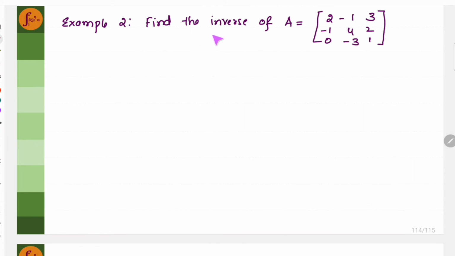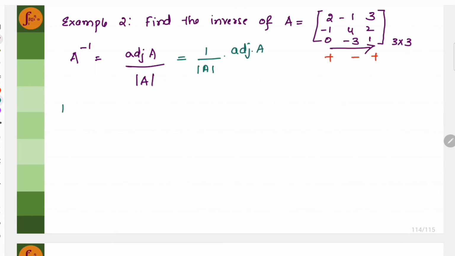Let's take another example where we have to find the inverse of a 3 by 3 matrix. To find the inverse, first we'll write down A inverse is nothing but adjoint of A by determinant of A. So let's find the determinant. We'll choose a row which has a 0 to make it easier, so we'll choose the third row. So the determinant is minus 3 into, ignoring this row and this column, 4 plus 3.